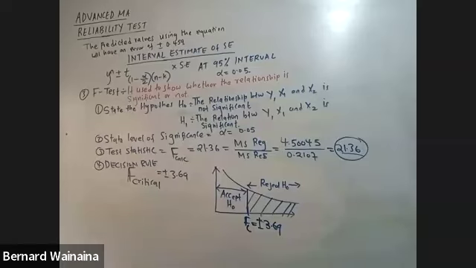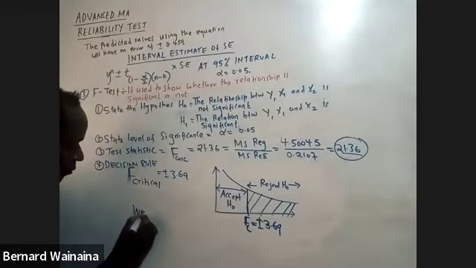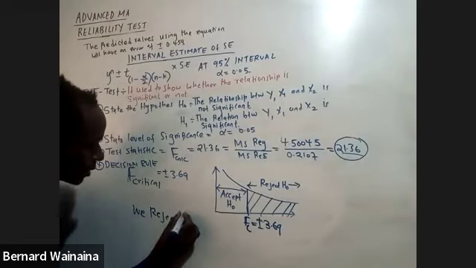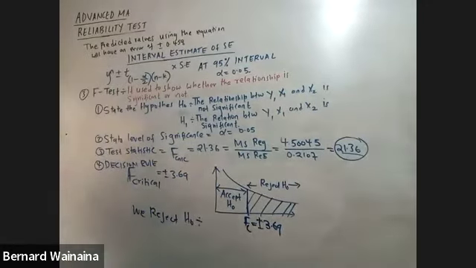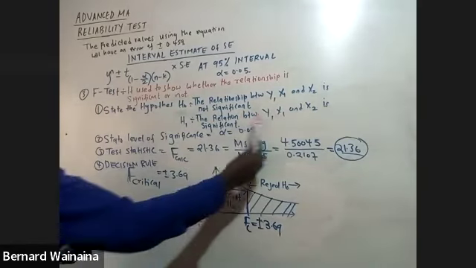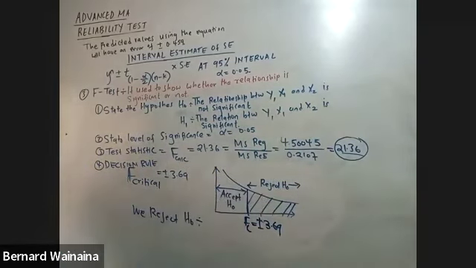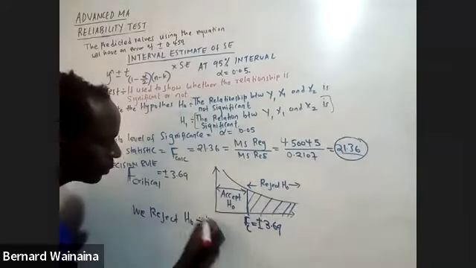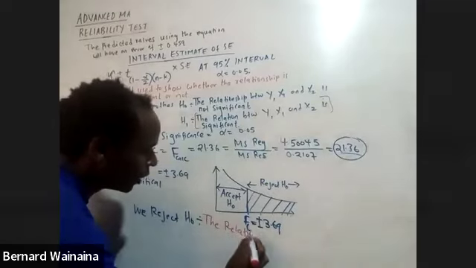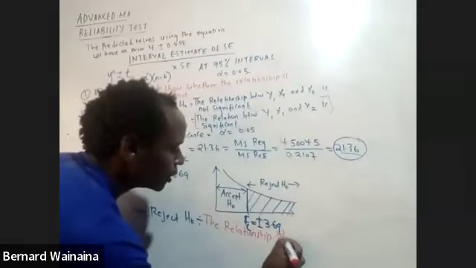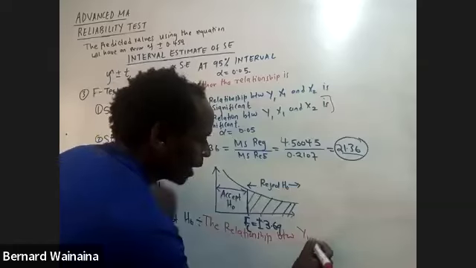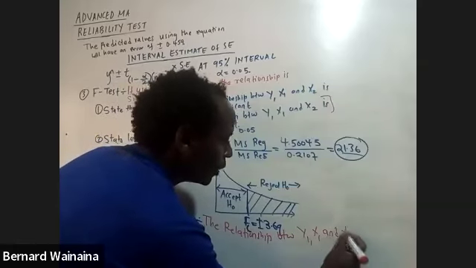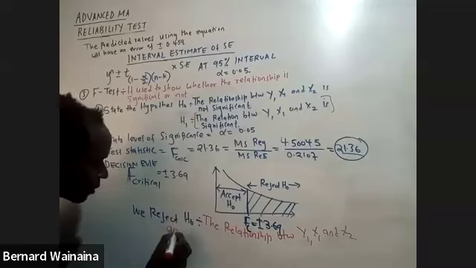On the right. So we reject the hypothesis. Now, what does that mean? Interpretation: when we reject, our variables are significant. We mean that the relationship between y1, x1, and x2 is significant.